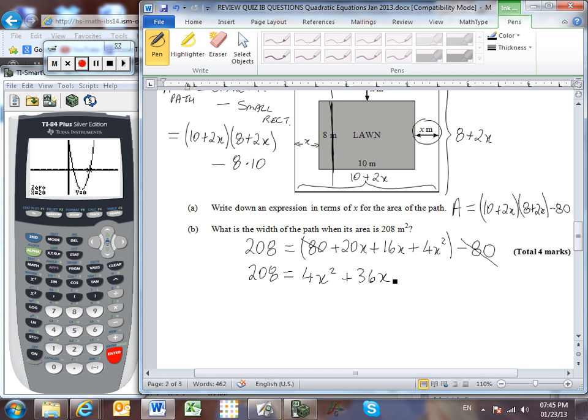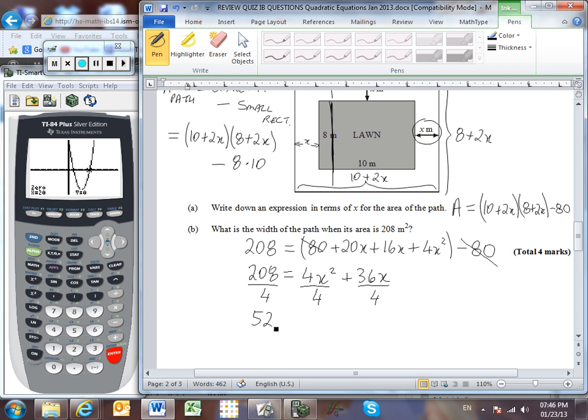Now, you remember that we're not allowed to divide every term by a variable. You cannot divide an equation through by an x. But we are allowed to divide an equation through by a constant. I notice that I can divide every single term here through by 4. So let's divide everything by 4. That's not illegal, dividing by a number. And that just makes the equation a little bit easier.